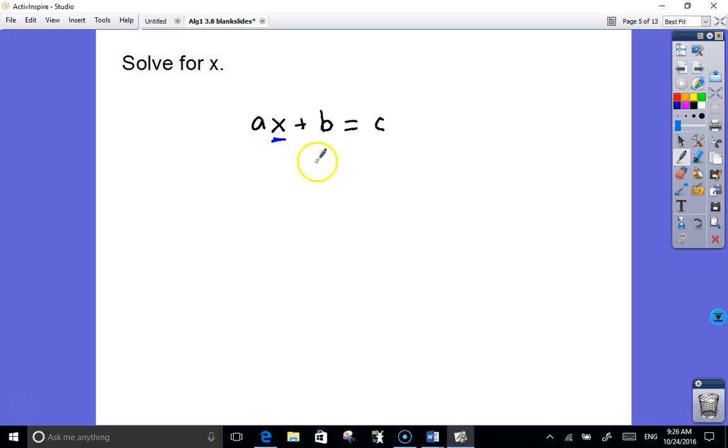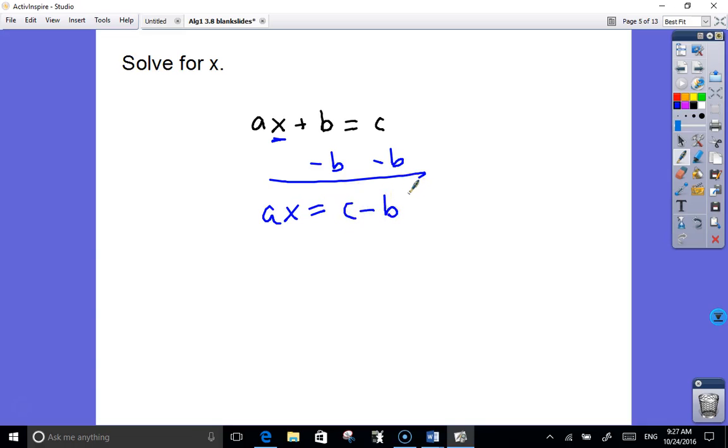Okay, so let me do that. Minus B, AX equals. Now here's the confusing part when you look at it on the other side. When we solved the equation with one variable, those 2 were numbers and you could actually add or subtract them. Now you can't. So you have to just write C minus B. There's nothing more you can say.